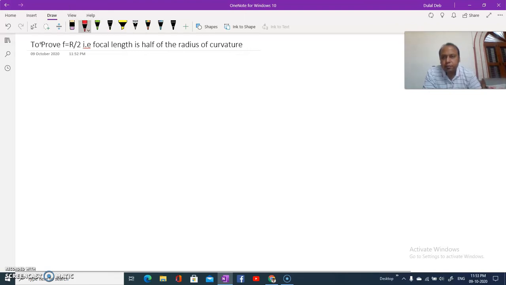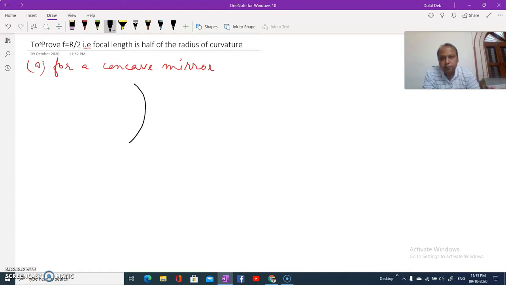We start with the concave mirror. For a concave mirror, let this be the concave mirror. This is the silvered surface, and let this be the principal axis. With the pole, let us consider an incident light ray which is close to the principal axis and parallel to it.